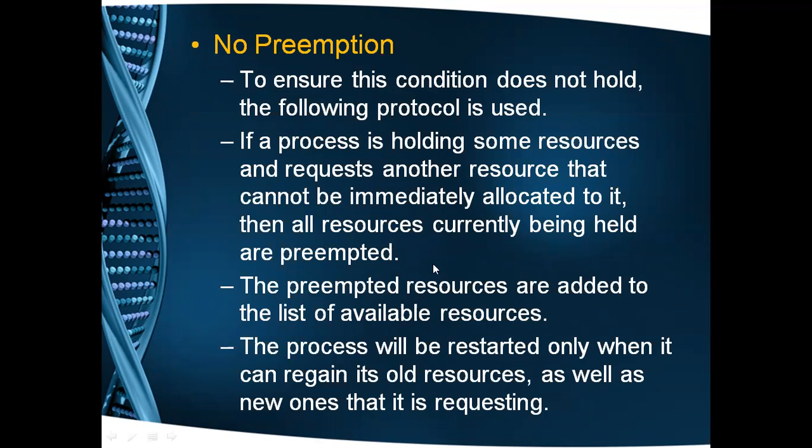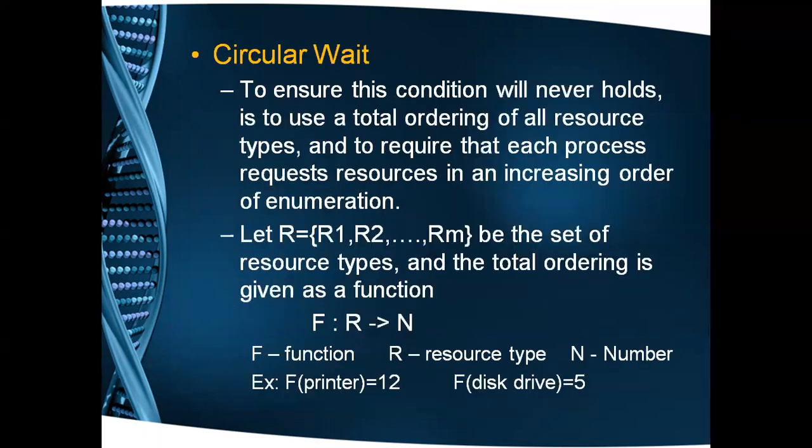No preemption means we cannot take resources from a process, but here, if a process asks for additional resources that are not currently free, the resources it is holding are preempted, that is, released as free resources. Only when the entire set of resources is available for that process will it be allocated. So no preemption is false here, and automatically we can prevent deadlock.